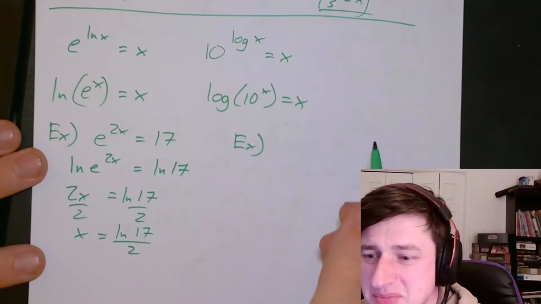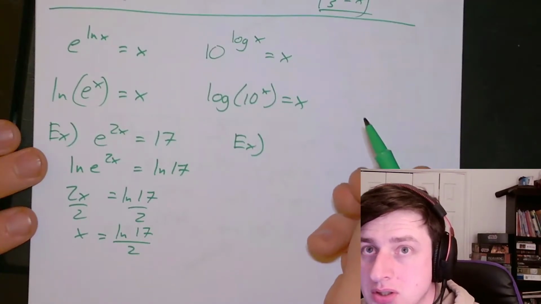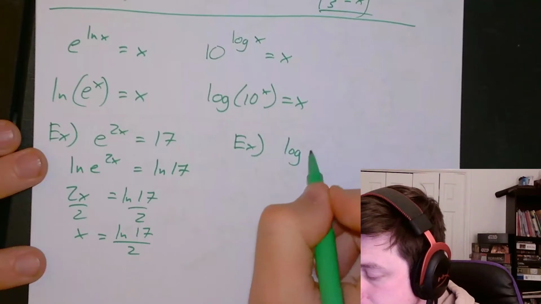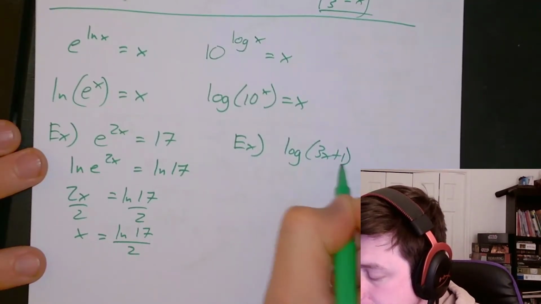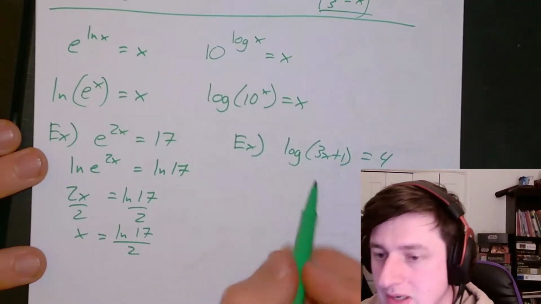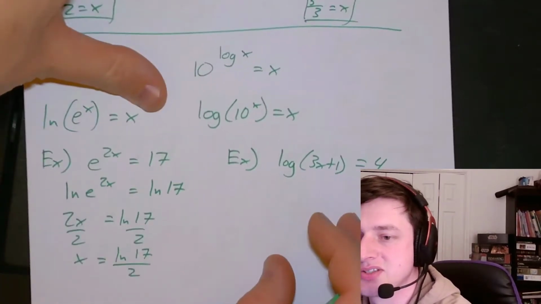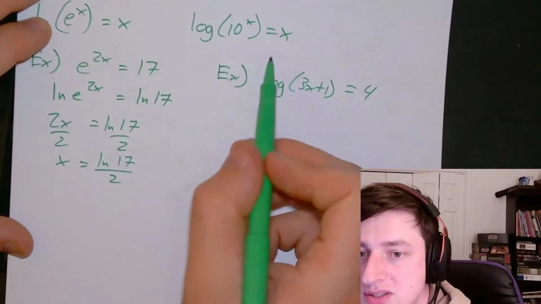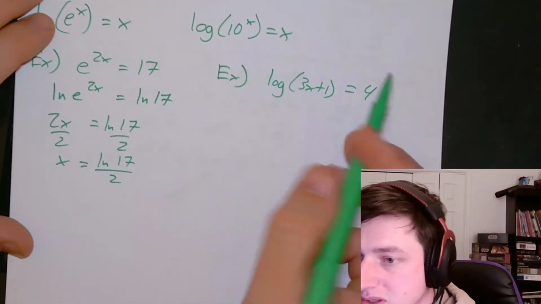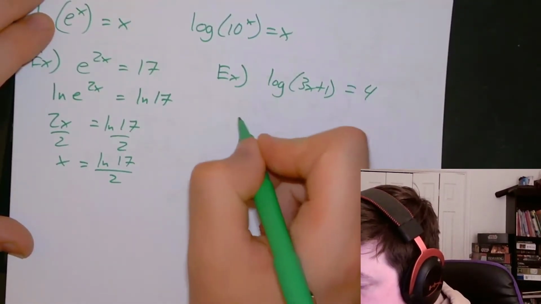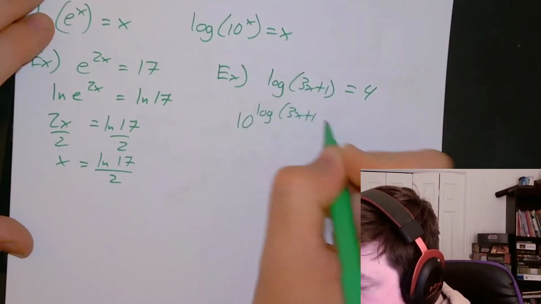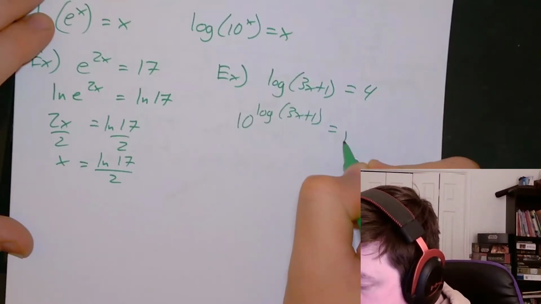Could also have something similar if we have a natural log or a logarithm of something. Now, normally, I think it actually is easier to just rearrange this problem. But to get rid of this log, we just raise everything to the 10th. So 10 to the log 3x plus 1 equals 10 to the 4th.